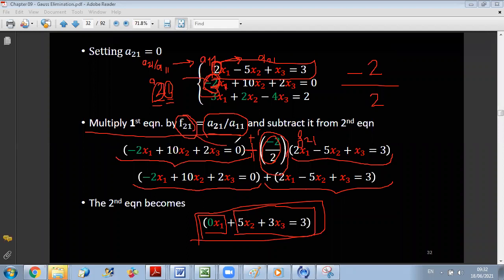This rule will always work, because whatever the coefficients are, if you multiply equation 1 by the factor f21, which is a21 over a11, and then subtract it from equation 2, you will get the coefficient of x1 in this equation equal to 0.